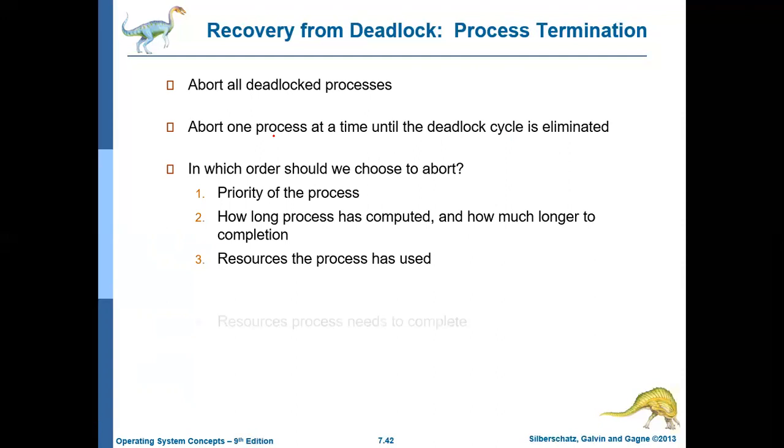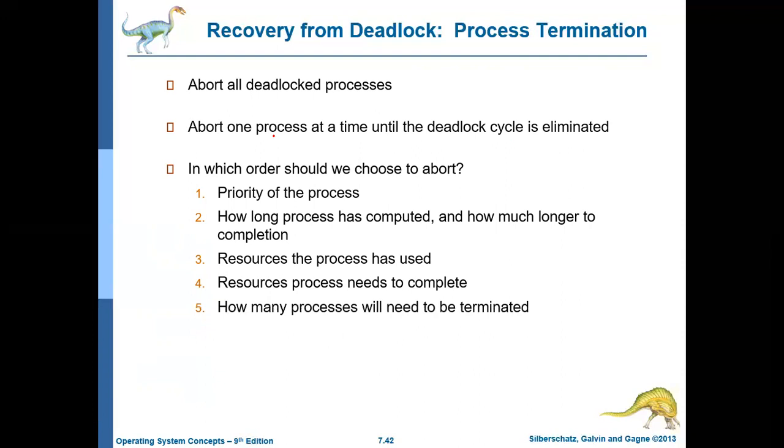Another factor is how many resources the process still needs to complete. If a process needs only one more resource to complete, let us not terminate it. If a process still needs 5 resources to complete, it can be terminated. The process which needs fewer resources may complete quickly.